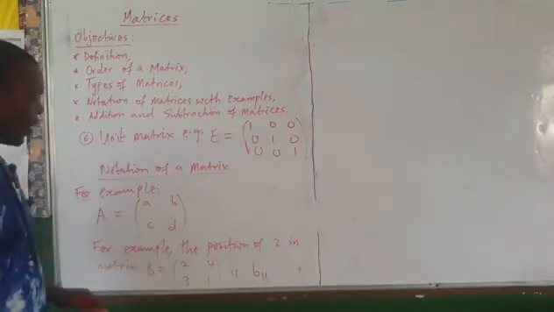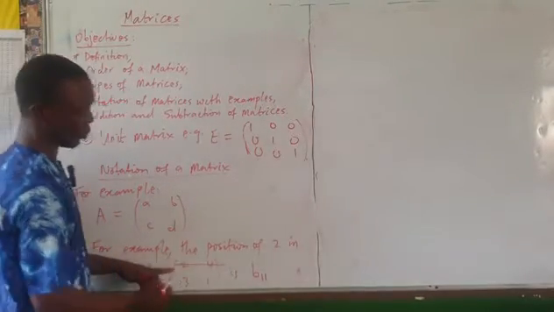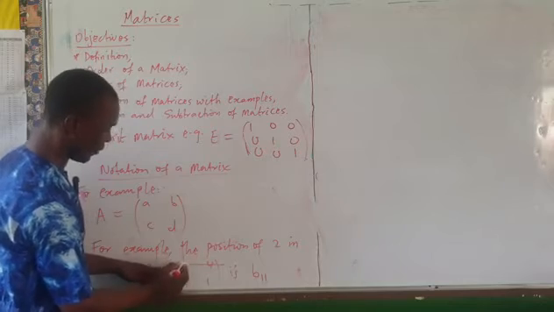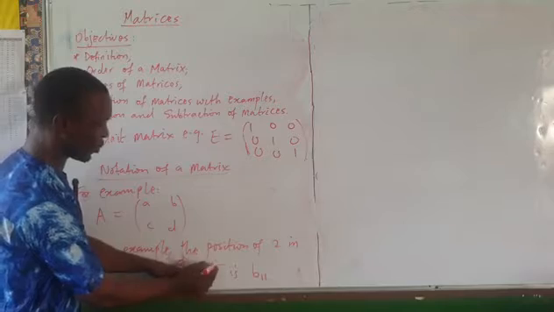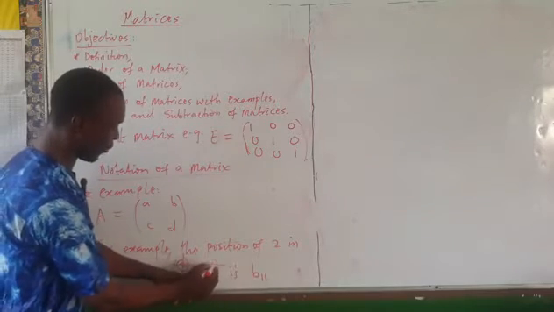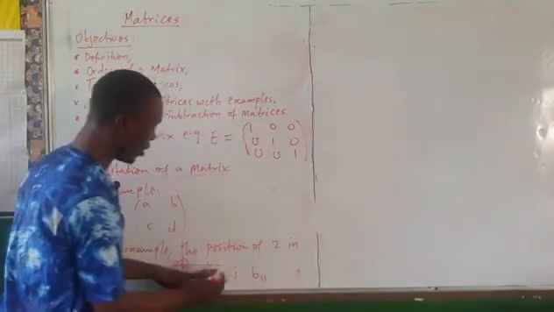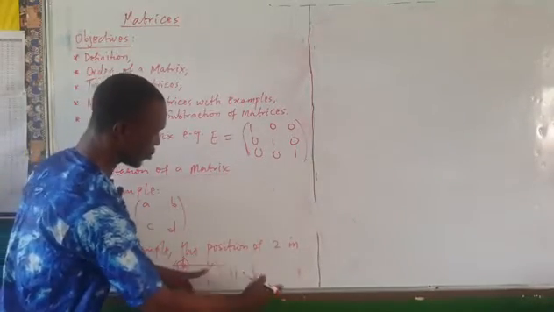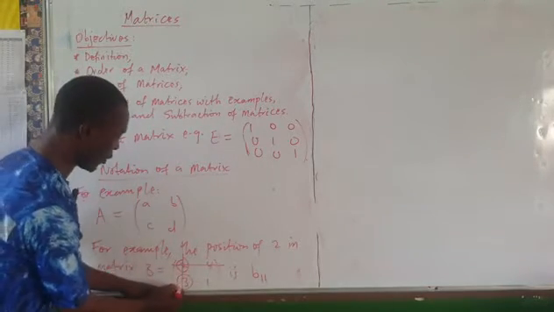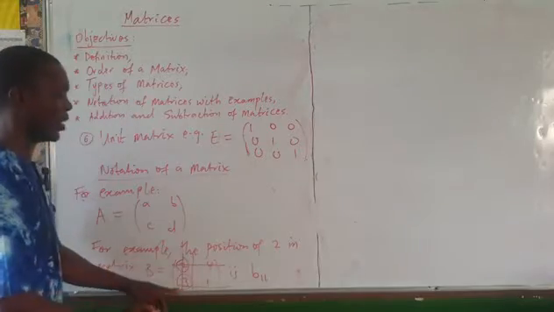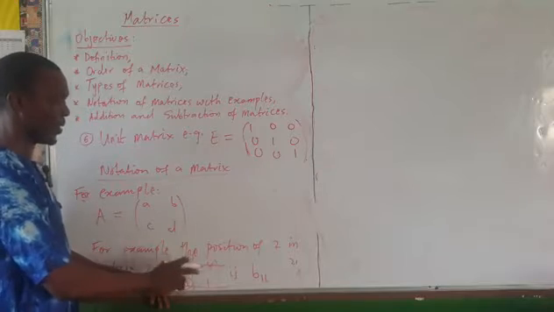So why is it b11? It is the first row and the first column. That's why we have b11. The position of 4 falls on the first row but the second column, so the position of 4 will be b12. Then 3 falls on the second row but the first column, that is b21.